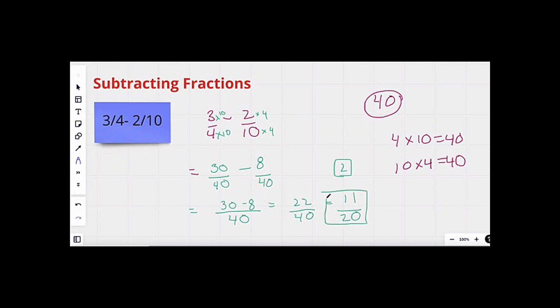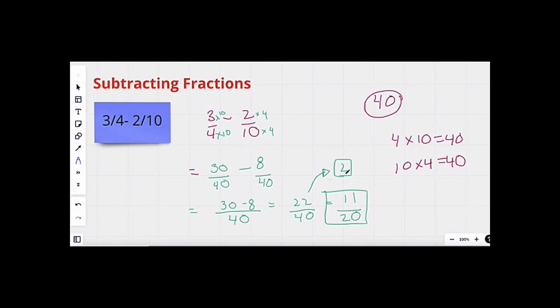So when we are reducing fractions, and I do have another video on how to reduce fractions so you can get some practice doing that, what we need to find is a number that will fit into both of these numbers to reduce it further. We found that the number that we could use was 2, because 22 can be divided by 2, and 40 can be divided by 2.